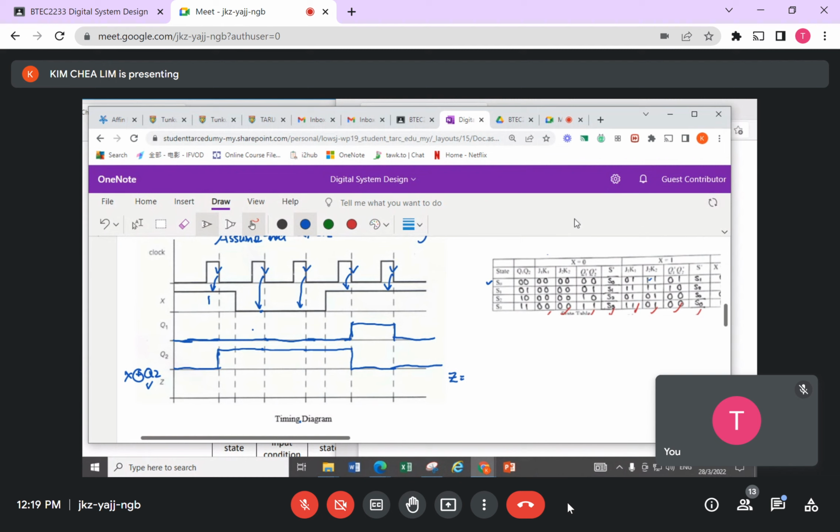Z is combinational, it doesn't depend on the clock. Clock independent.